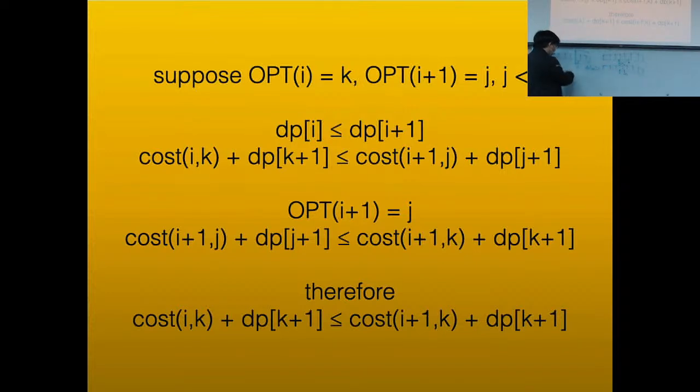Let's say dp rem I is, we only care about the prefix, not the suffix. Sorry. So we know that dp(I) cannot be larger than dp(I plus 1), right? Because more elements means you need more cost. Definitely. Might be the same, but not smaller. And we know that dp(I) is cost(I,K) plus dp(K plus 1) because that's the definition of OPT.